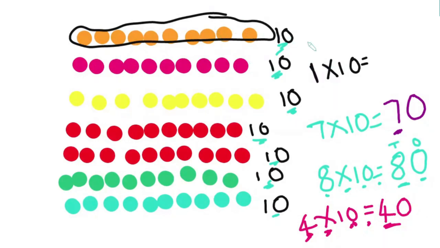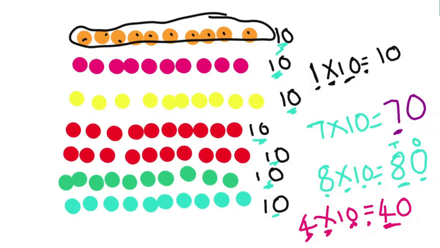We can count them to help us. 1 group of 10, we have 1, 2, 3, 4, 5, 6, 7, 8, 9, 10. So 1 group of 10 is the same as 10.